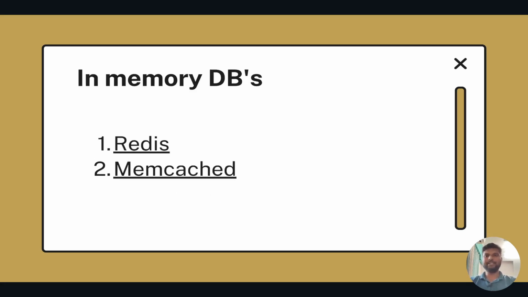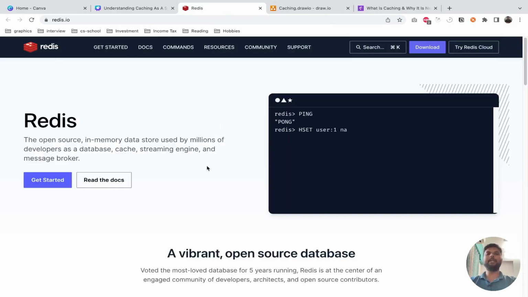In the industry, there are certain databases which are preferably used for caching, and these two, Redis and Memcache, are two of the most popular. If you look at Redis, it's an in-memory data store. Your values are stored in memory, not on the hard disk. So if there is an outage, like the electricity goes away or the server crashes, then your entire data will be lost.